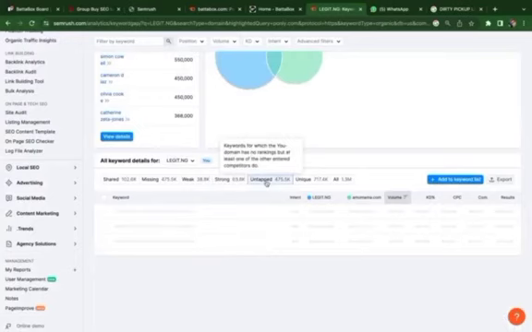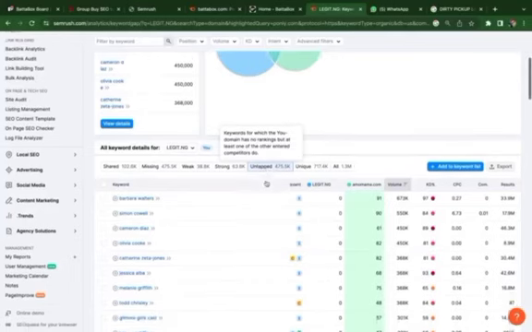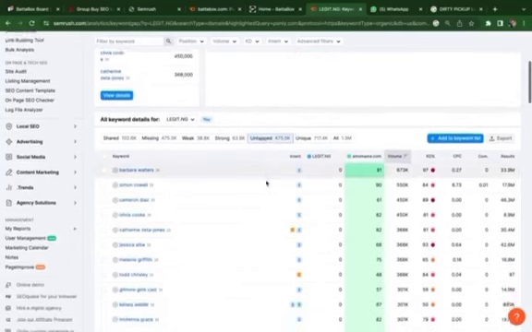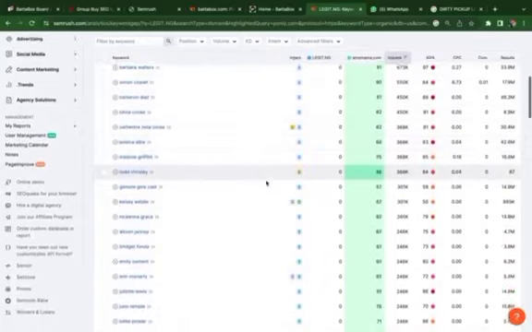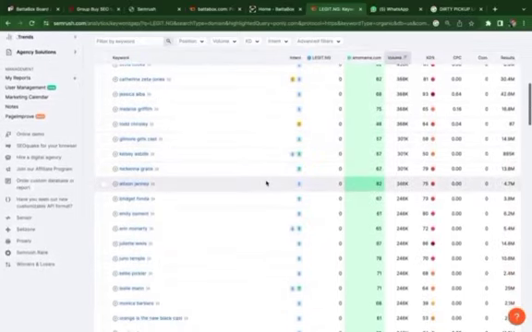Now you can see we are navigating to the untapped keywords. What this does is that it shows you the keywords that Amo Mama is ranking for, but that Legit is not ranking for. As you can see with some of these keywords, their KDs are very high.